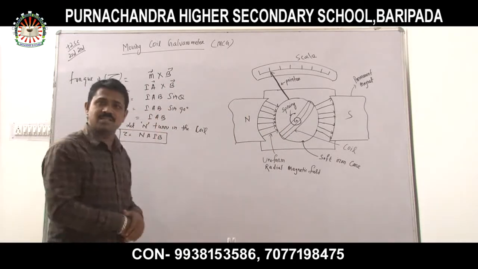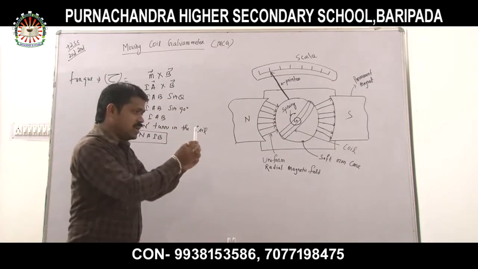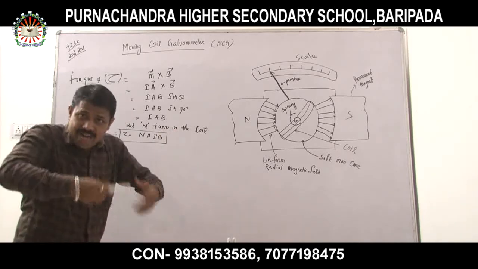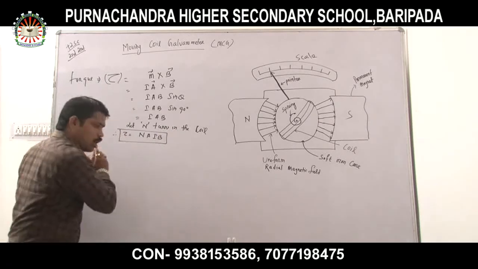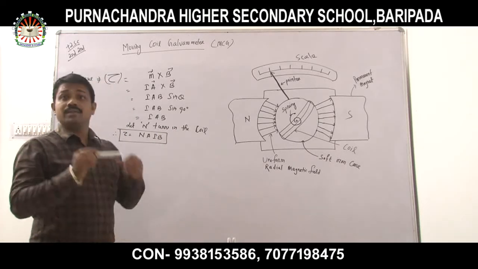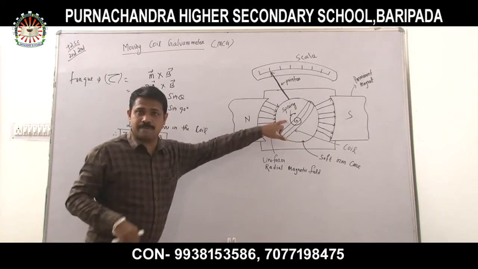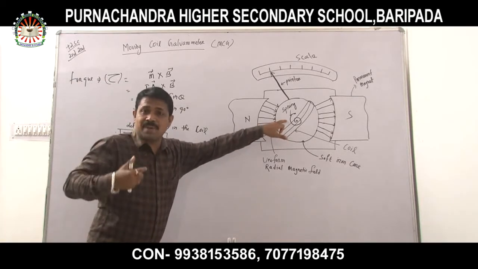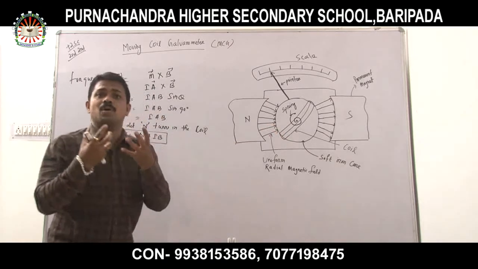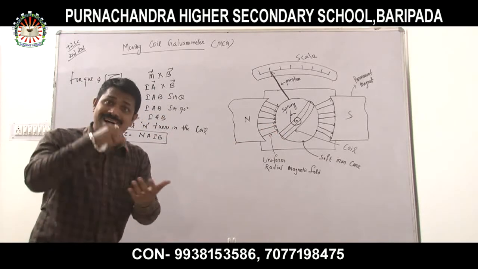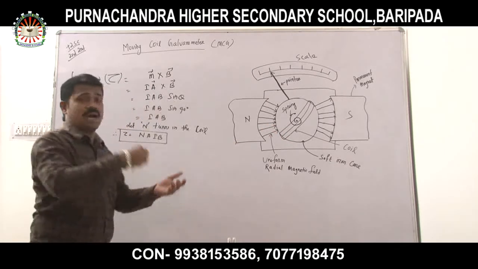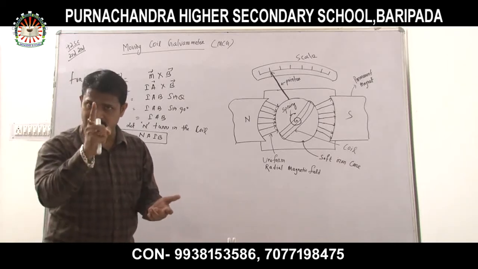Now the vital thing is here. When the cylinder tends to rotate due to the torque, then the spring will take part. So what happens in the spring? Listen very carefully.